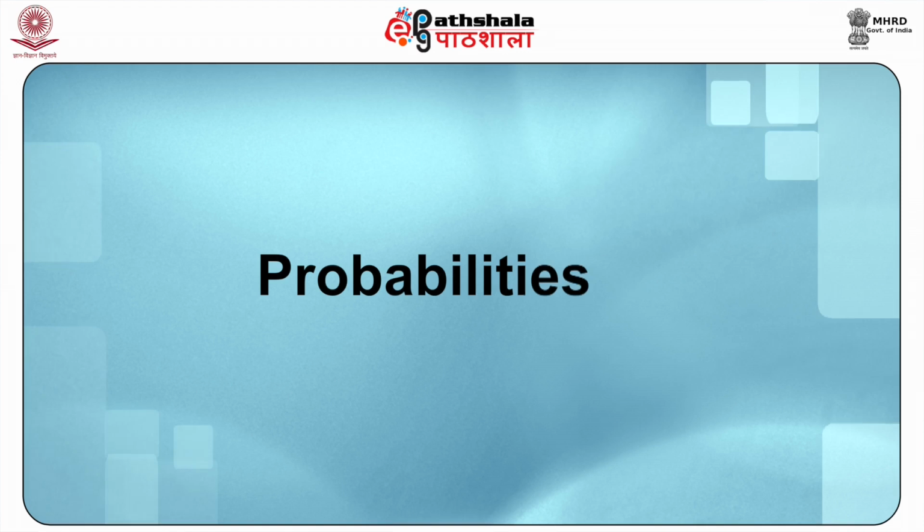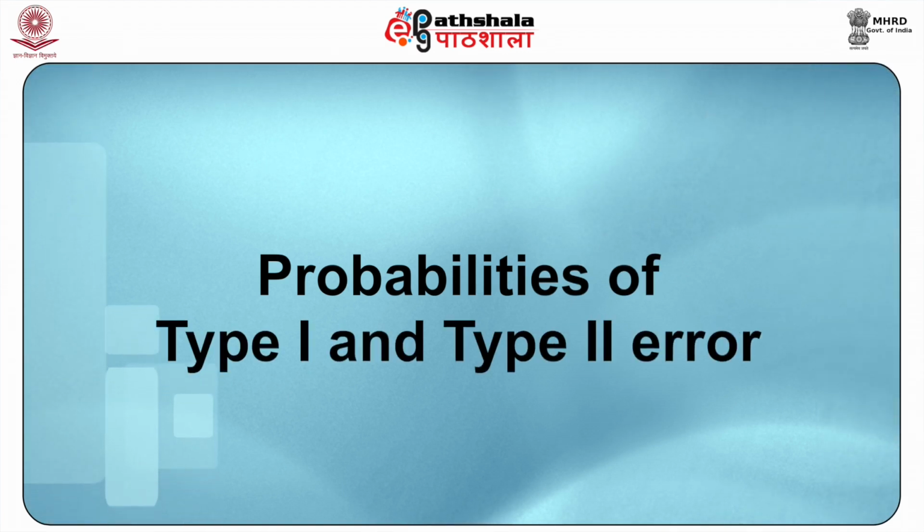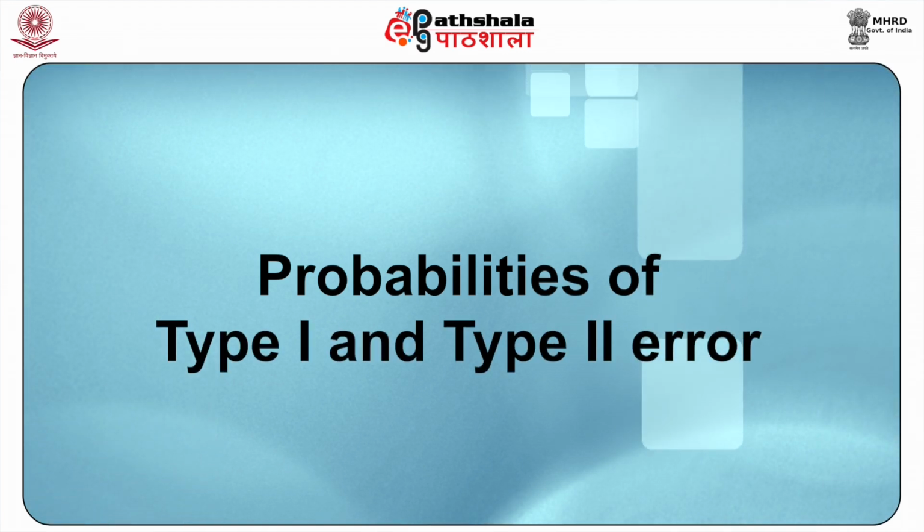This type of error is called type 2 error, in which H0 is not rejected when H0 is false. Both these errors arise due to the occurrence of an unrepresentative sample and not due to the arbitrarily chosen rejection region.